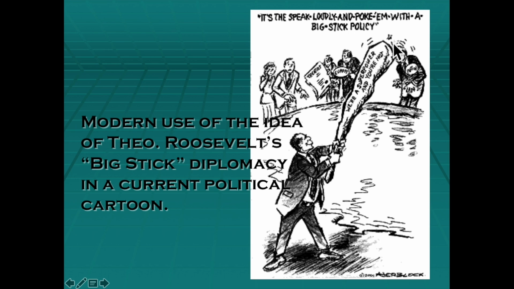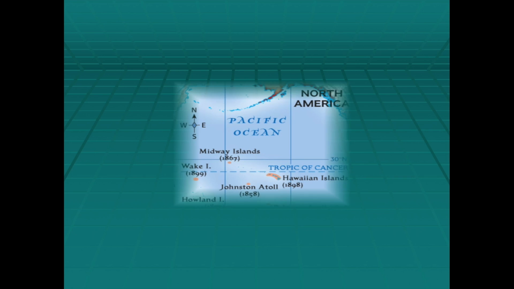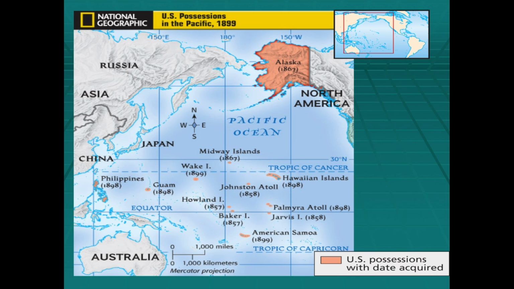We're a superpower and you're not, poking them. And these fellows here have black eyes. I'm not sure what this reads. He's just going around, we're a superpower. So this big stick diplomacy twisted with speak loudly and poke them with a big stick policy. That's the cartoon idea.